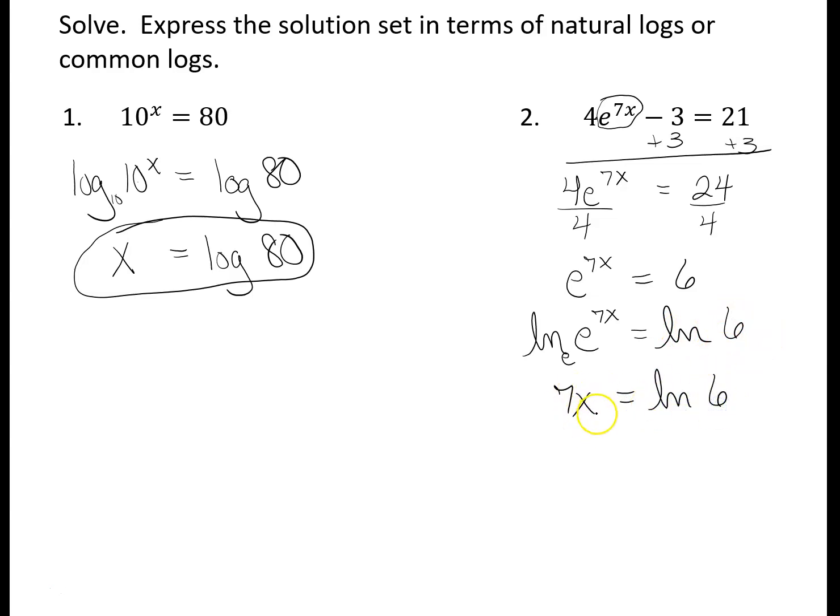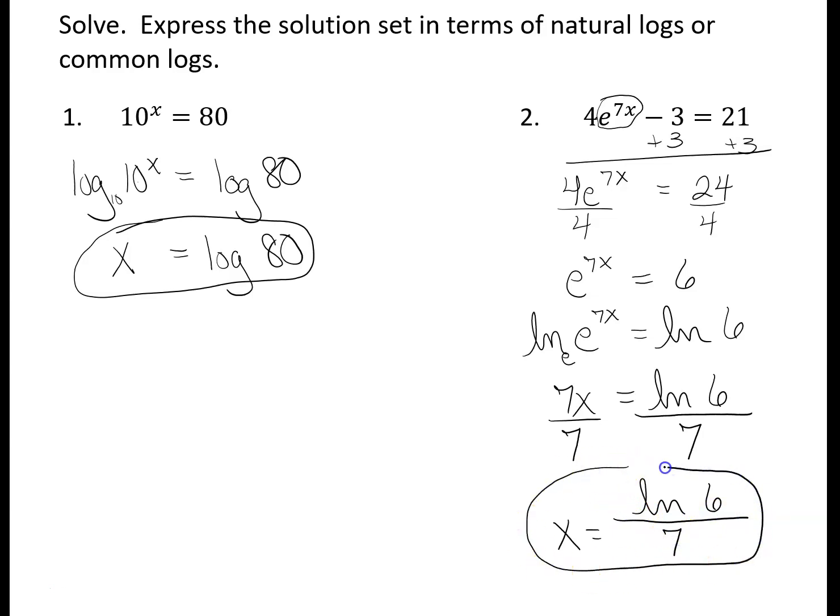And now I need to solve for x, which requires me to divide by 7, both sides, the entire side. So I'm going to write my answer as natural log of 6, big fraction bar with a 7 below it. That is our exact answer. We don't want a decimal. Now you have to make sure the fraction bar is under the ln as well.